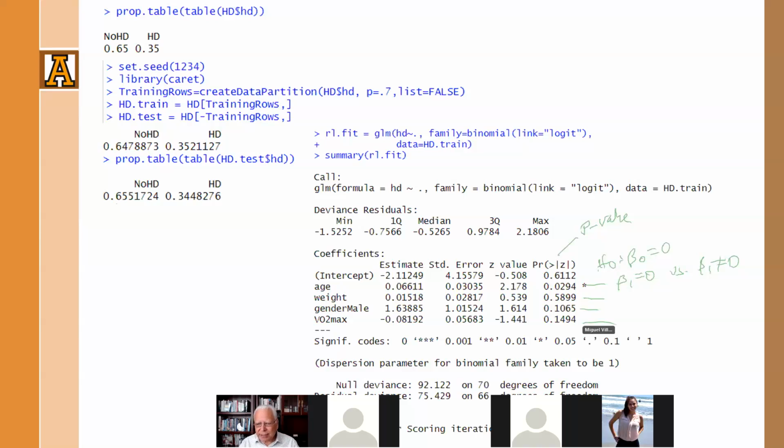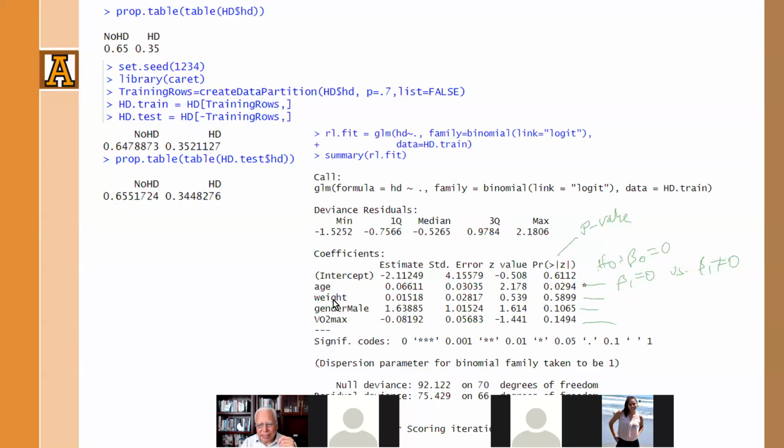So those are the tests for the different coefficients of the model. The coefficient for age, the coefficient for weight, for gender, for VO2 max, which is the heart rate in a stress test. Okay. As you can see, I have a categorical variable here, gender, and I have age, which is continuous, weight continuous, and VO2 max, which is continuous.